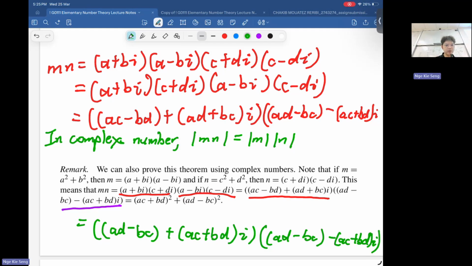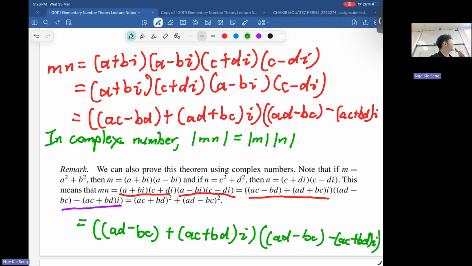Okay, so if you learn about complex numbers, if you take a product of complex numbers and compute the length, it is actually the product of the lengths of the two complex numbers.